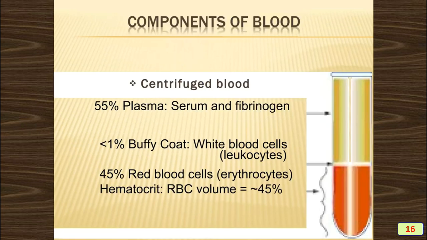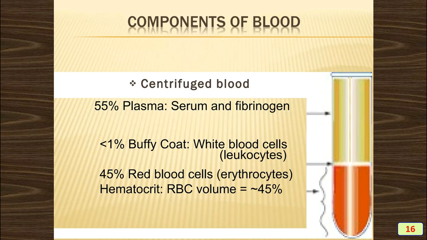Then if you centrifuge the blood, the upper part is called the plasma, and the plasma contains serum and fibrinogen. Less than 1% is the buffy coat, which contains the white blood cells or leukocytes, whereas 45% contains the blood cells, also called the erythrocytes.